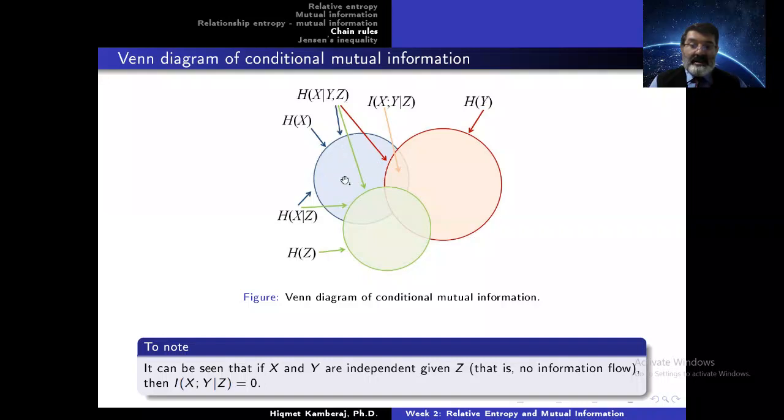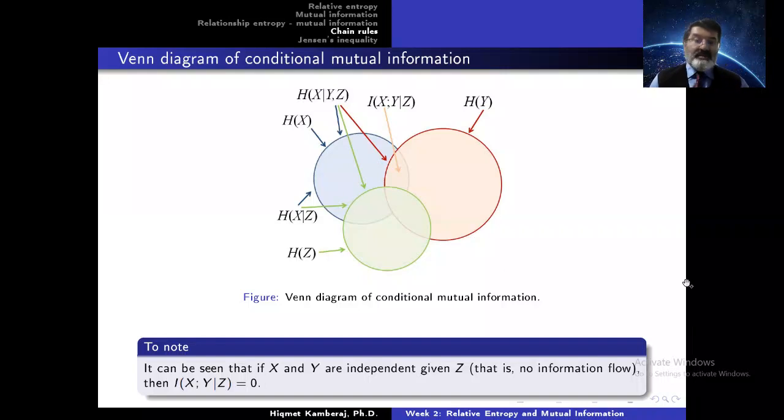Now, the difference between these two gives me the so-called mutual information between x and y given z, which is this part that I'm following with my cursor, only this part. Clear? And it makes sense that this is the difference H of x given z minus H of x given y and z.